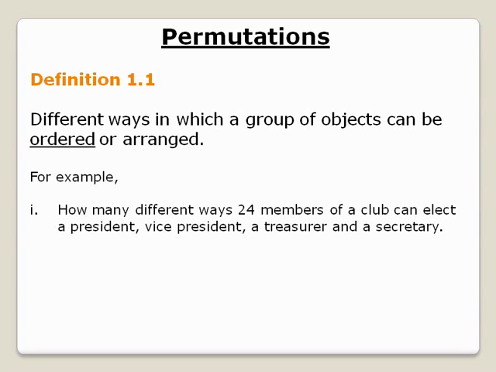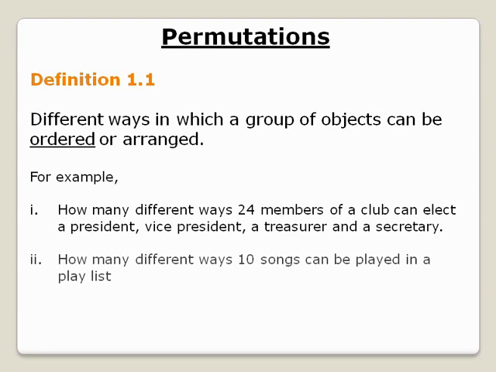For example, how many different ways 24 members of a club can elect a president, vice president, a treasurer, and a secretary? How many different ways 10 songs can be played in a playlist? That means which song will be the first one, which song will be the second one, which will be the third, and so on. In these cases, you can see that one song cannot repeat.